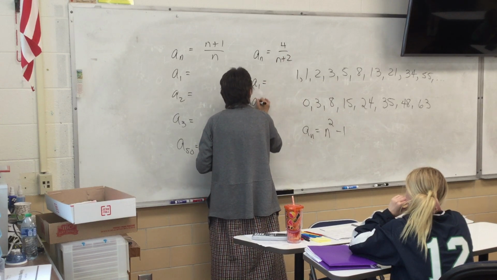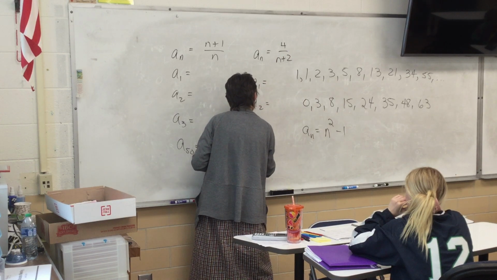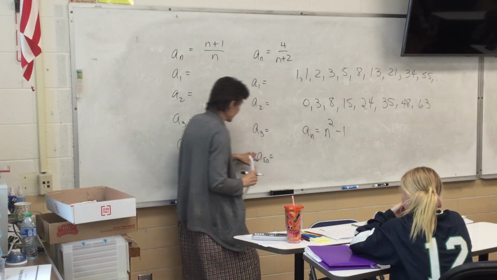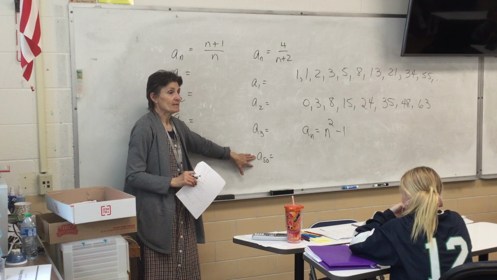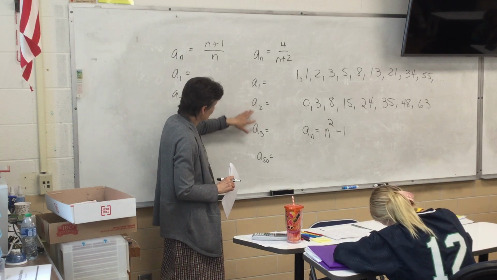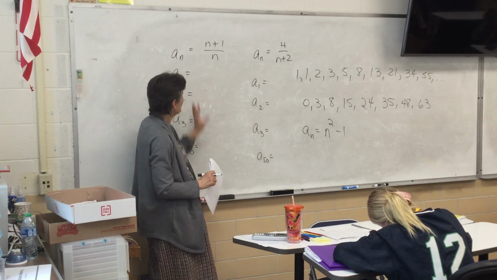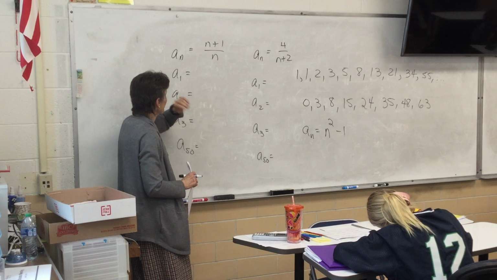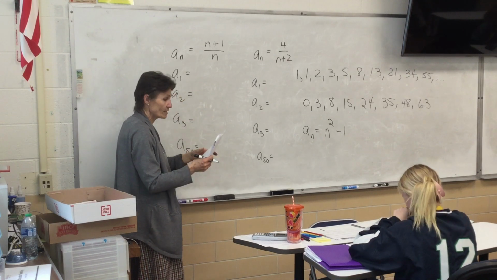This is more sequence notation and sequence type problem. Remember, when I say A sub 50, that means the 50th term. So I want the first term and the second term and the third term and the 50th term for these 2 sequences. All right, so let's look at the first one. Any ideas how we might do this?